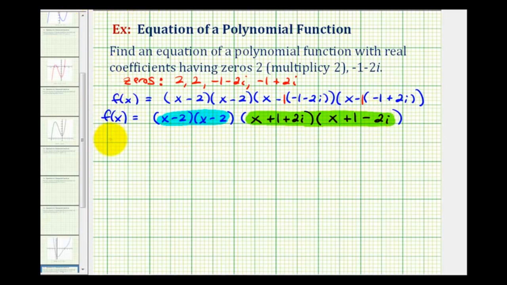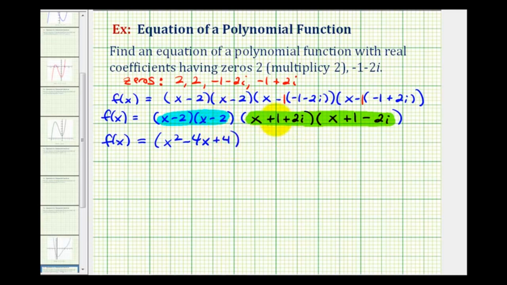So we'll have f of x equals, here we have 4 products, x times x, that's x squared. x times -2 is -2x. Then we have -2 times x, that's another -2x, so we have minus 4x. -2 times -2 is positive 4, so plus 4.